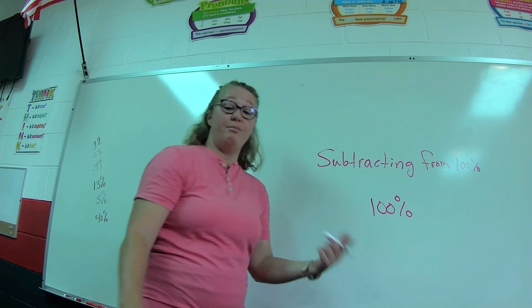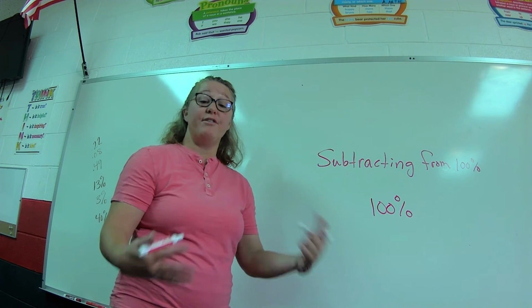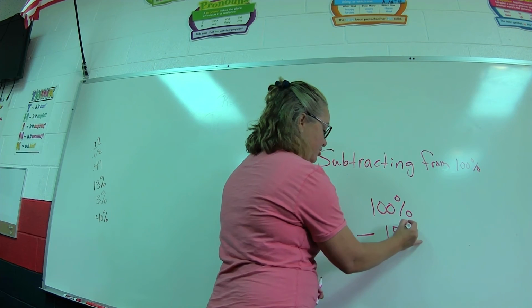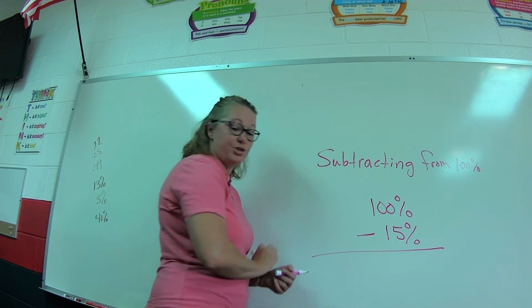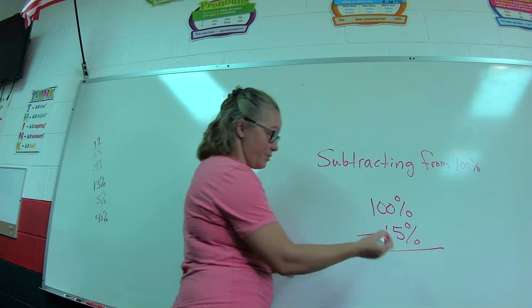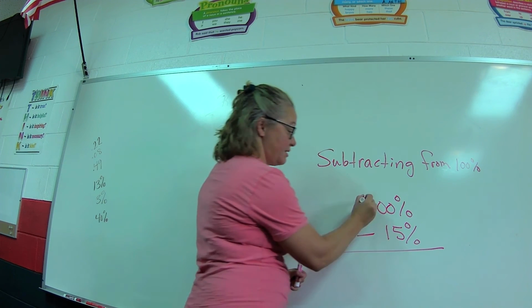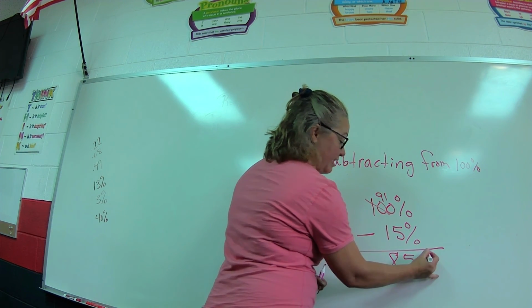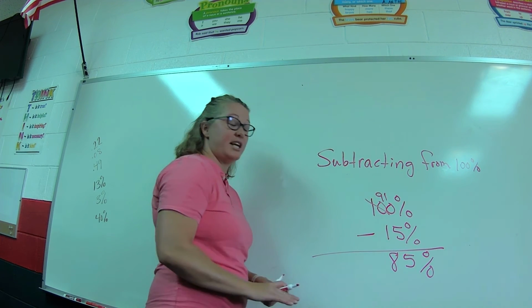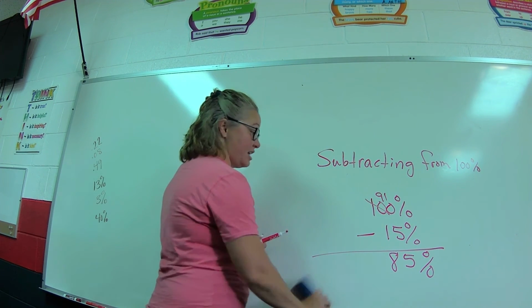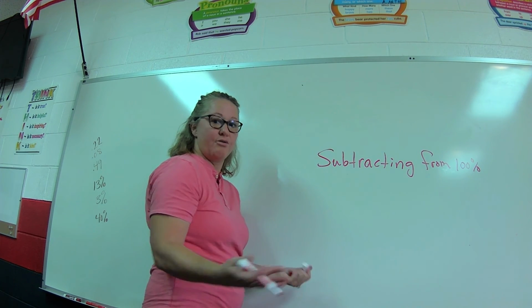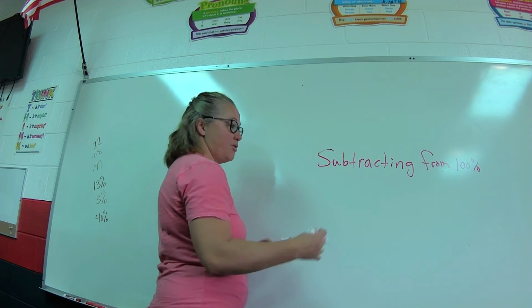Let's say you missed 15%. So subtract the 15% that you know you missed, and what would your score be? Well, that's just 100 minus 15, which is 85%. So anytime you subtract from 100%, you start with that 100% and you take away the known value that you missed or that's missing.